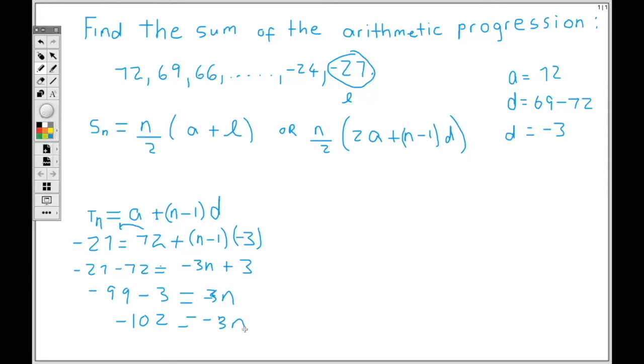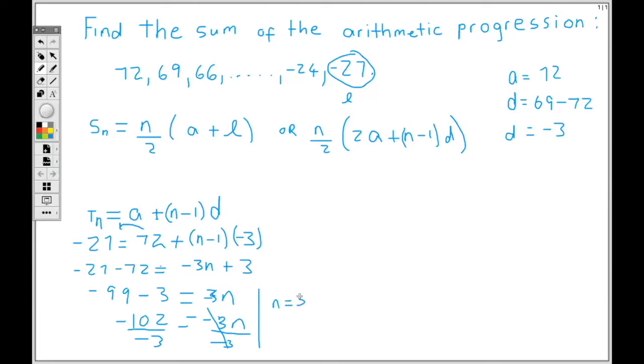Now we go ahead and divide both sides by -3. Remember, when you divide by a negative number, there's a sign change. Because it's two negatives, it becomes positive. n is equal to -102 divided by -3, which becomes positive.